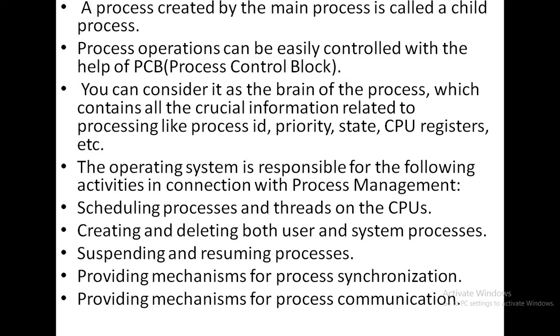Number one is scheduling processes and threads on the CPU. That means when the processes or programs enter the CPU for execution, a schedule is prepared by means of which the processes are given to the CPU for their execution. So before they start execution, first the operating system prepares the schedule, that is called the scheduling of processes.